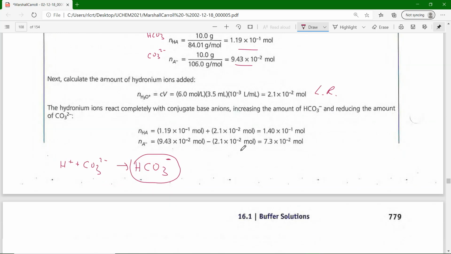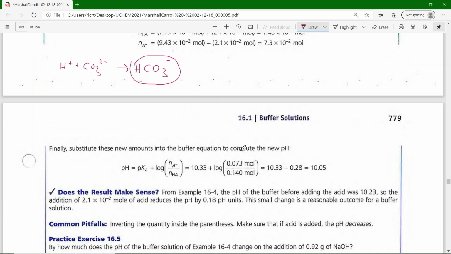So we can use the Henderson-Hasselbalch equation. 10.33 was the pKa, like in example 16.4, plus the log of the CO3 2 minus 0.073 divided by the 0.14, and you end up with 10.33 minus 0.28, so 10.05.